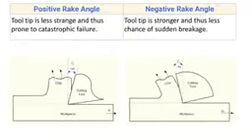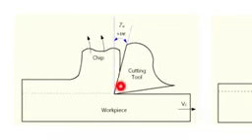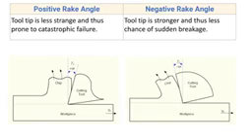The tool tip becomes less strong as there is very little material at the tool tip, compared to negative rake angle. When the force increases beyond a certain limit, the tool tip may break.